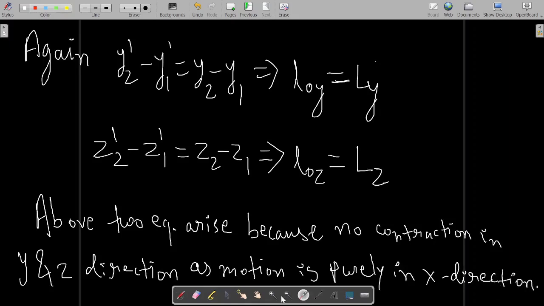So y and z are perpendicular directions. So observed length will be equal to, I mean, there will be no alteration in length. Proper length is equal to observed length.